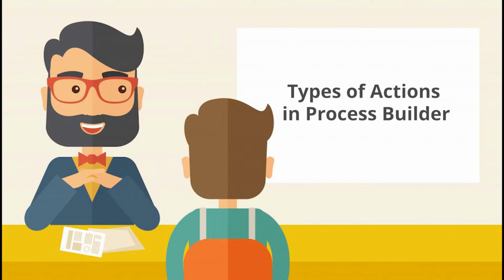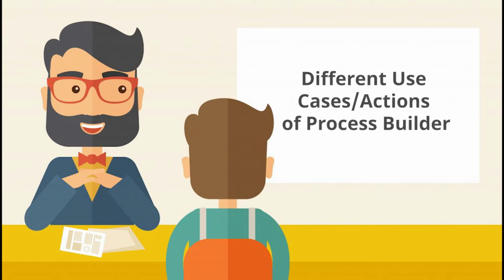Okay. So, basically, there are two types of actions. Can you explain what are the different use cases of Process Builder? Like what all things it can do as per our use cases? Sure. So the primary use case is it can update the record. It can update the same record or the related record. This is the first use case.